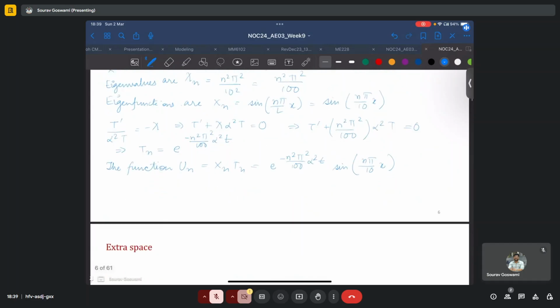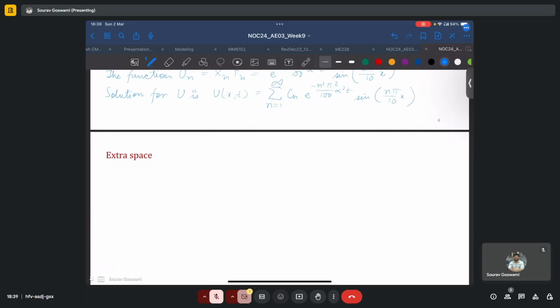And the solution for the problem is actually the series sum of all such possible functions. So we have n going from 1 to infinity, some coefficient c n times u n, so e to the power minus n squared pi squared by 100 alpha squared t sin(n pi x by 10).